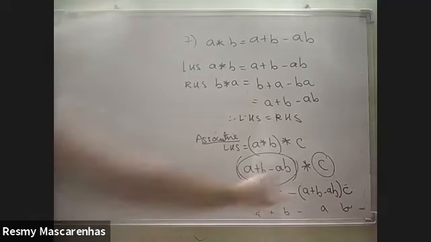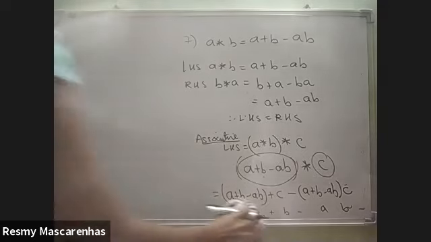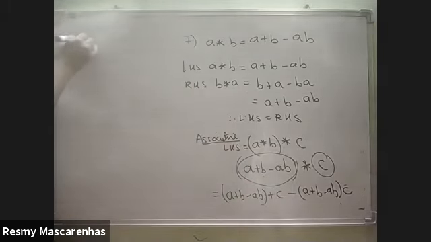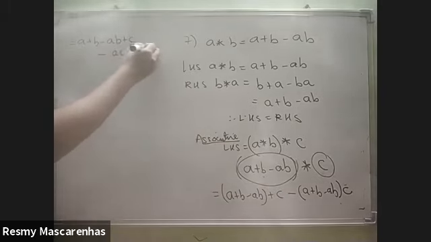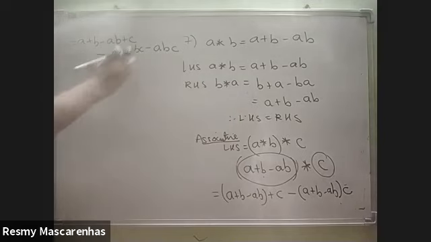If you want, you can open up the bracket. So I think what you'll get is A plus B minus AC minus BC minus ABC. Sorry, there's a minus out now. Change all the signs. This will be minus, this will be plus. So this will be the answer when you open up the bracket.